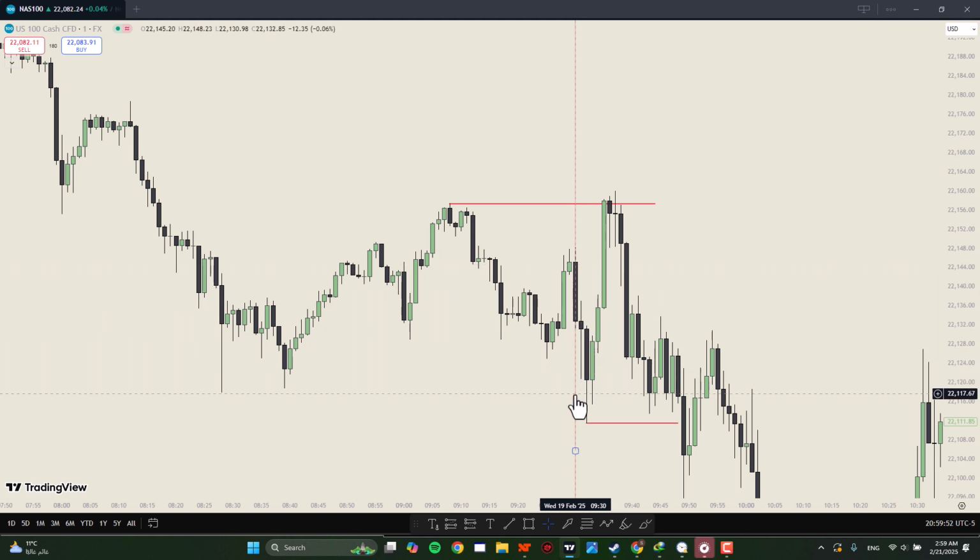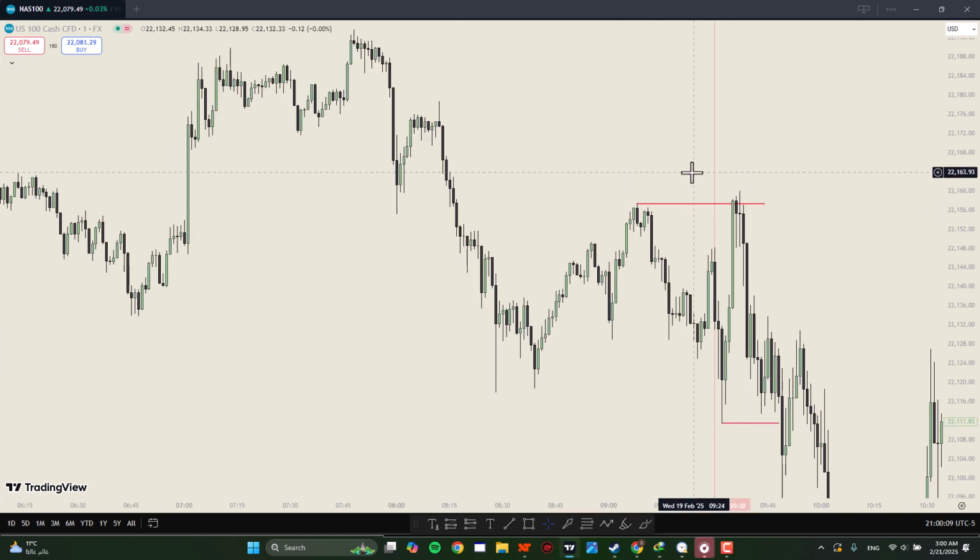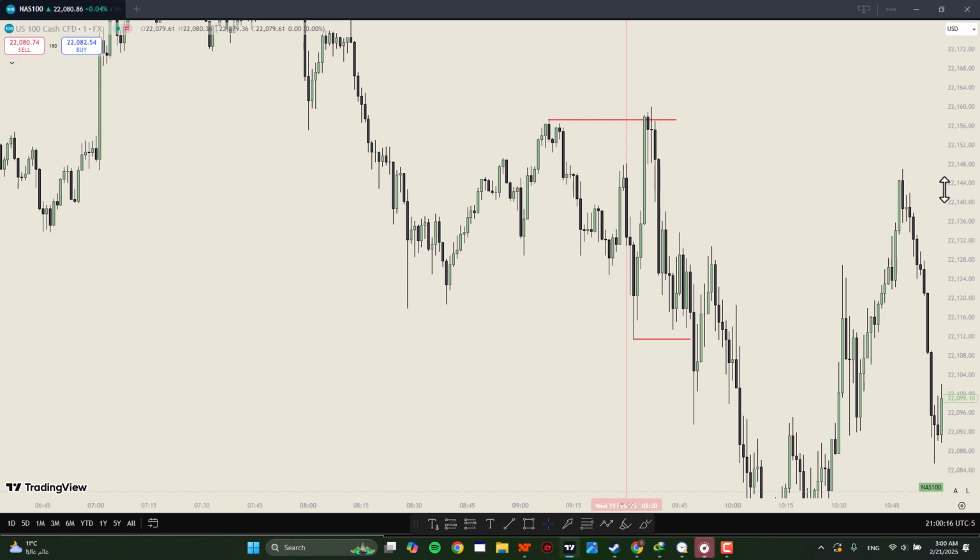We traded to the downside and we swept this, but this is not valid since we are looking for price to sweep a high, because we determined that from the first step. It happened at 9:35. We took that high, and this is the sweep on the 3-minute or 2-minute time frame, only wicks. That's what you want to look for, and that's the second step.